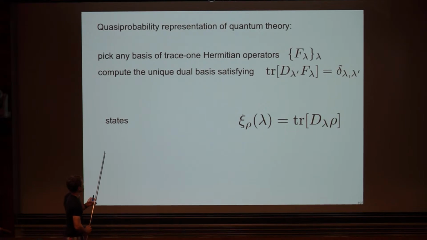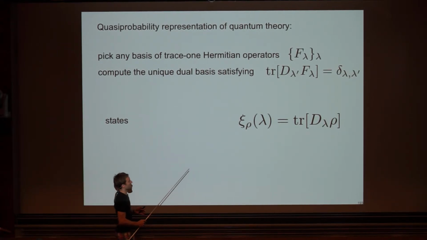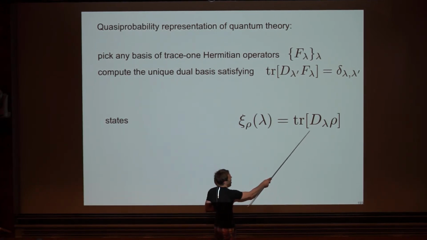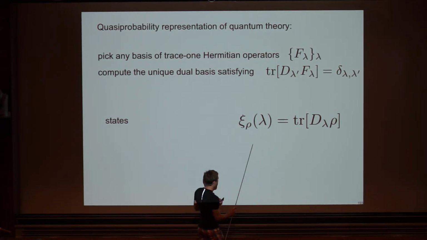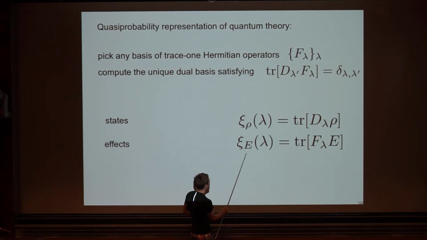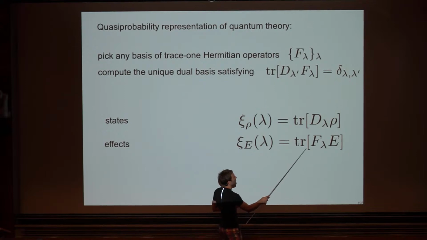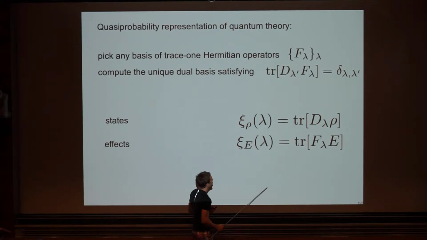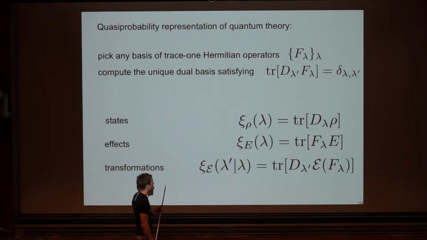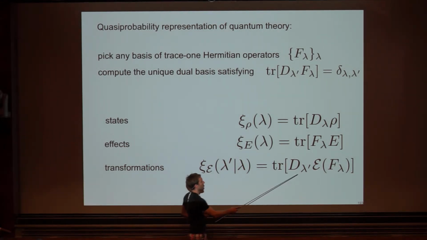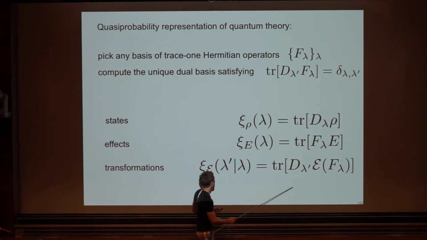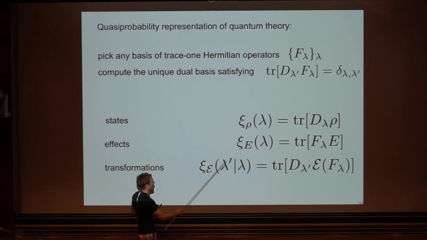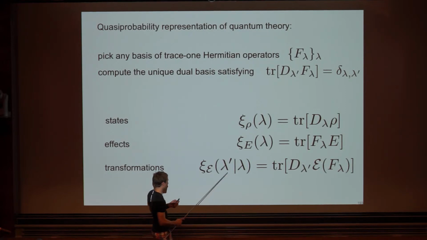So now, from this frame and its dual, you compute the representation of the states by just taking their trace as quantum states with the dual frame operators. For each lambda, this just gives you a real value. So this is a vector of real values indexed by lambda. Similarly for the effects, but now you take the trace with the frame operators instead of the dual frame. And then for transformations, you do the kind of obvious thing. You apply the transformation on the frame operator, and you trace it with the dual frame operator, and you get out a matrix of real values indexed by lambda and lambda prime.